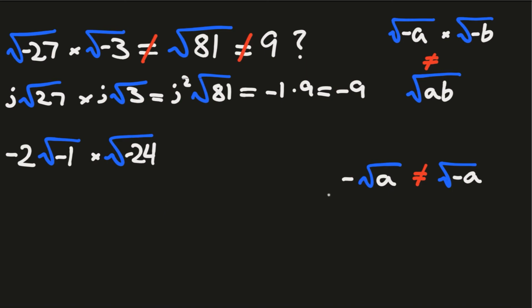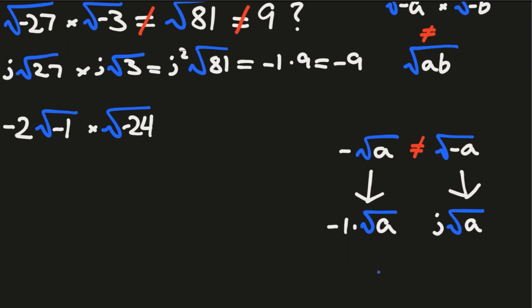Before doing this problem, it is important to note that the negative square root of a, which simply means negative 1 times the square root of a, does not equal the square root of negative a, because this is simply negative 1 times whatever the square root of a might be in its simplest form, and the square root of negative a is simply i times the square root of a.